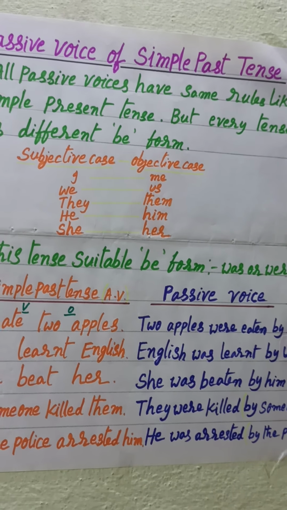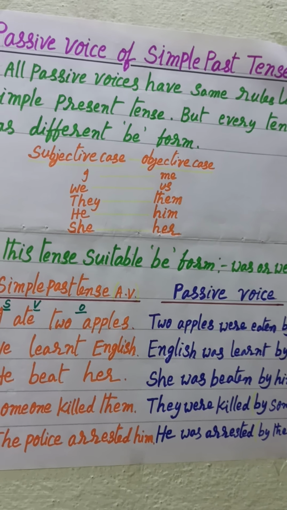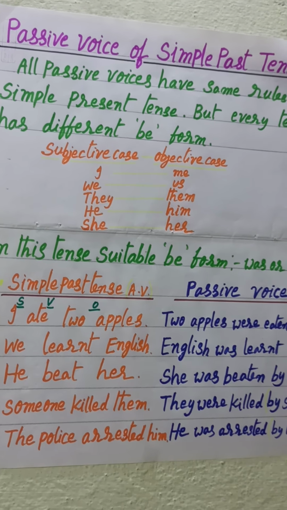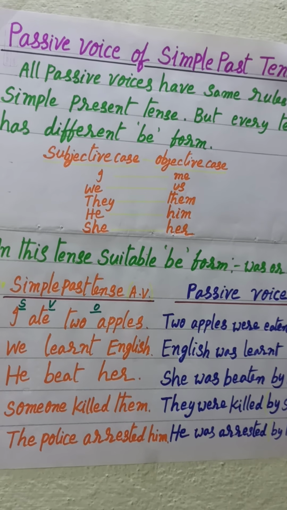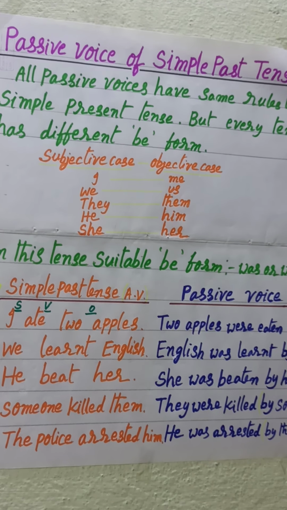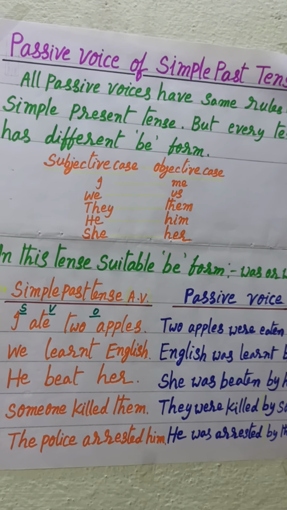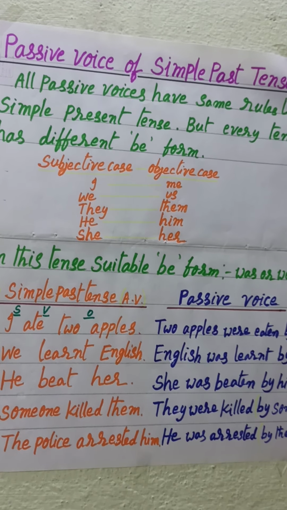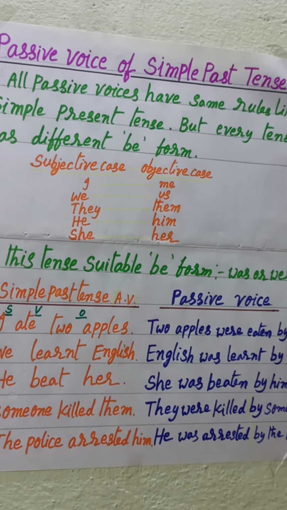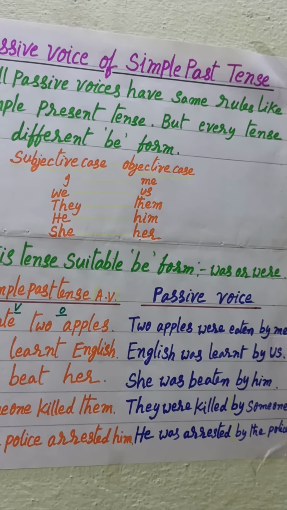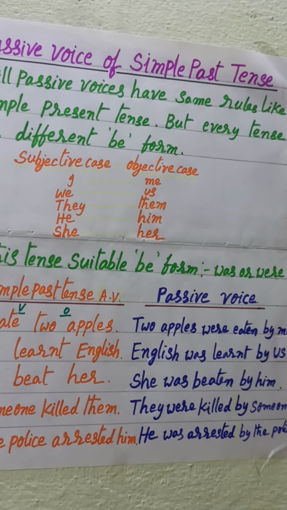That is enough. By someone is not needed. The same way, the police arrested him. Here also we already know that the arresting persons are the police, so it is also not needed. So in the passive voice, he was arrested is enough. By the police is not needed.